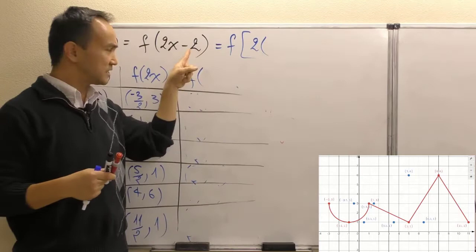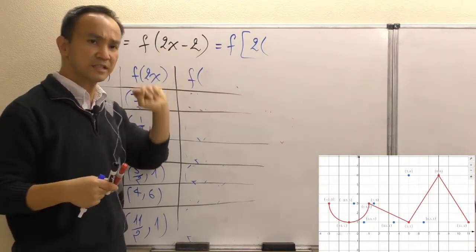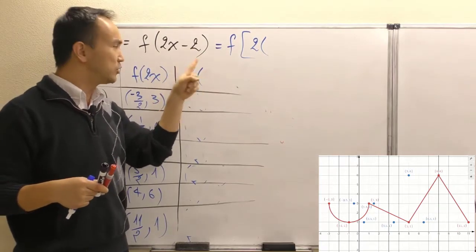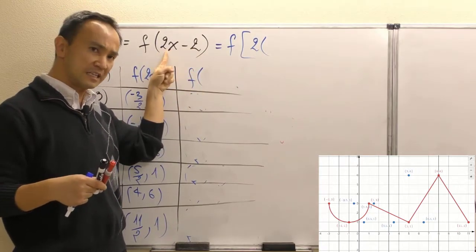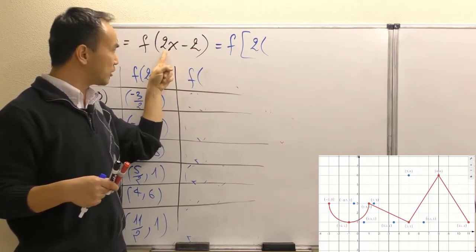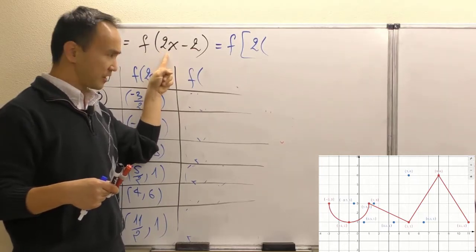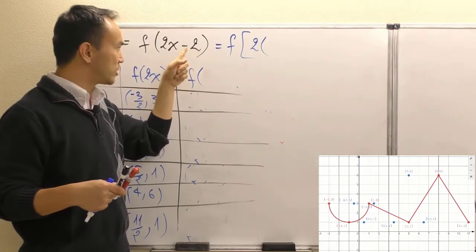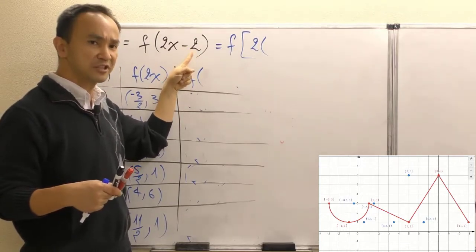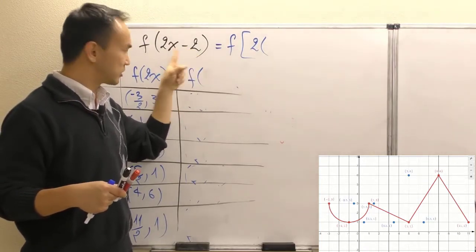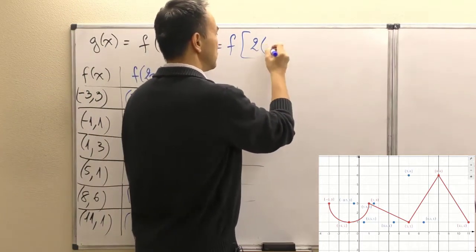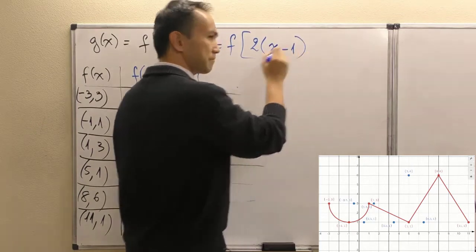In this case, this 2 right here has a common factor with that. But in the worst case, where it doesn't even have a common factor, you can still purposely factor out the lead coefficient. I call this 2 the lead coefficient. Here we do have a common factor 2. So factoring out, it's 2 in parentheses, x minus 1.